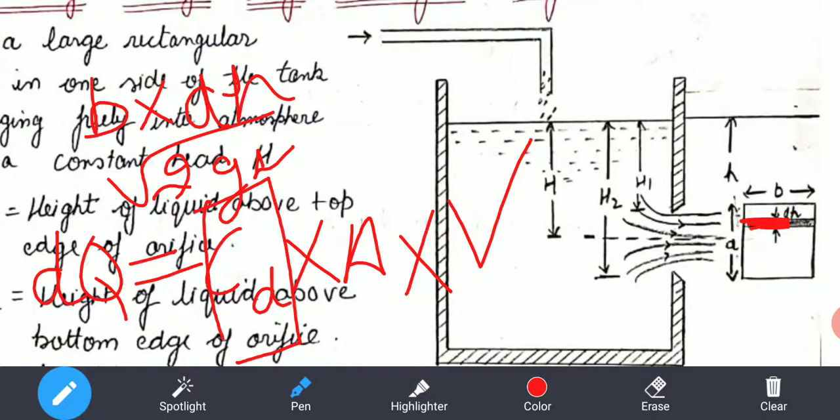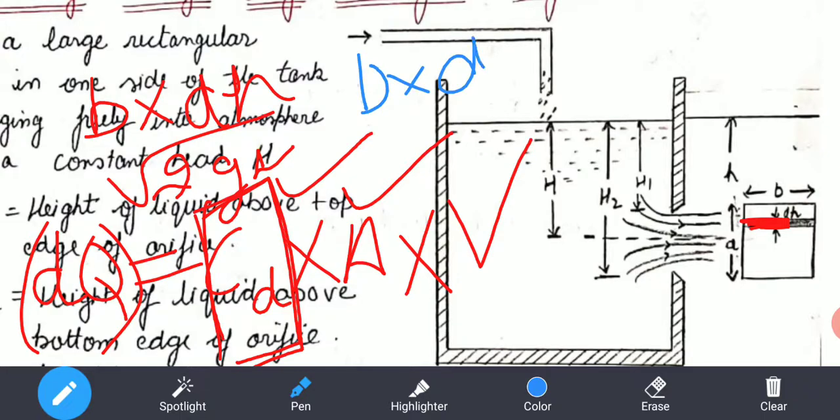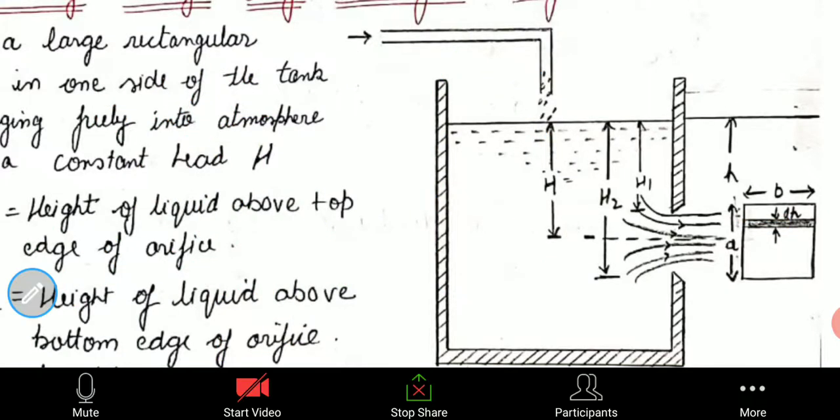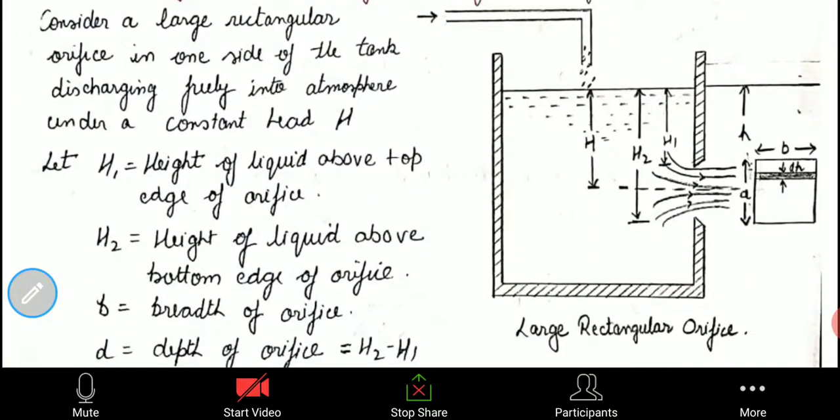I told you many times that we multiply by Cd because we are considering actual discharge, not theoretical discharge. The area is b into dh, and the theoretical velocity is under root 2gh. From here we obtain the equation as, wait, I will show you.